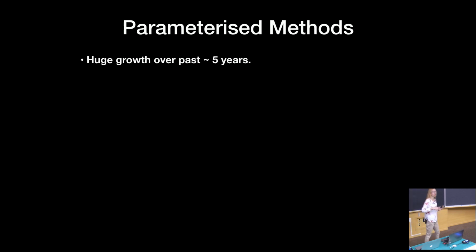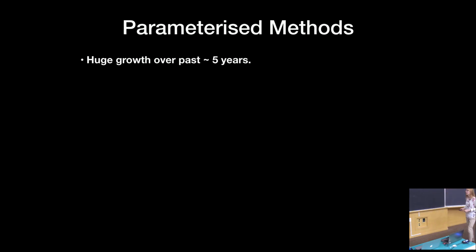So this idea has really taken off. I think CFHTLenS were the first collaboration to really publish results with it. KiDS, Planck, and very recently the DES Y1 extensions paper all used parameterized methods, and so it seems very natural that LSST should do the same.